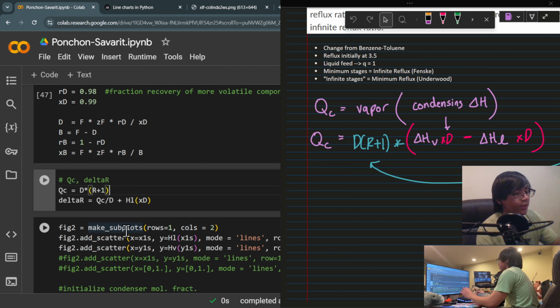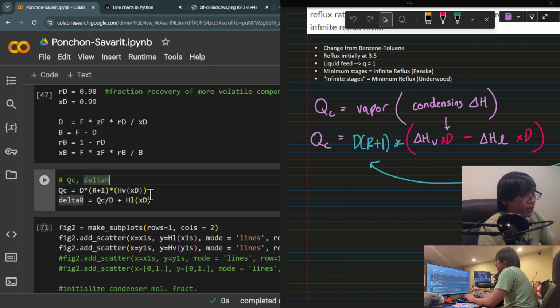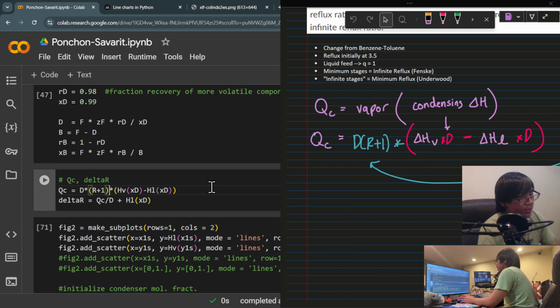That was with our substitution with the liquid at the condenser, that condenser mass balance, and then we're multiplying that since that's our vapor flow rate. And then we have the difference in enthalpies. So I think we just use our interpolation of our vapor at our distillate composition, and then we subtract our liquid enthalpy at the same composition, multiplying by the flow rate since that's how much is getting condensed.